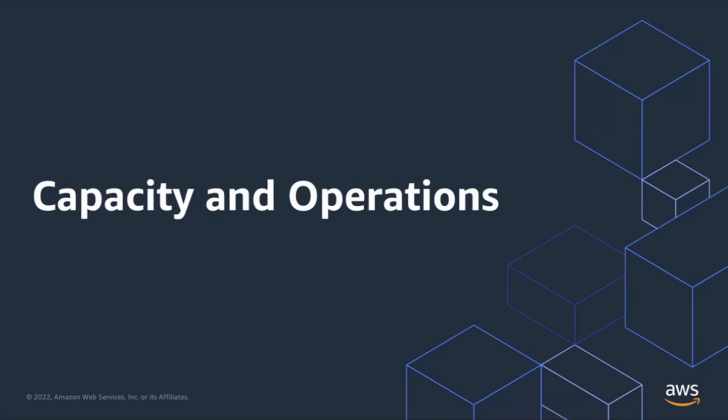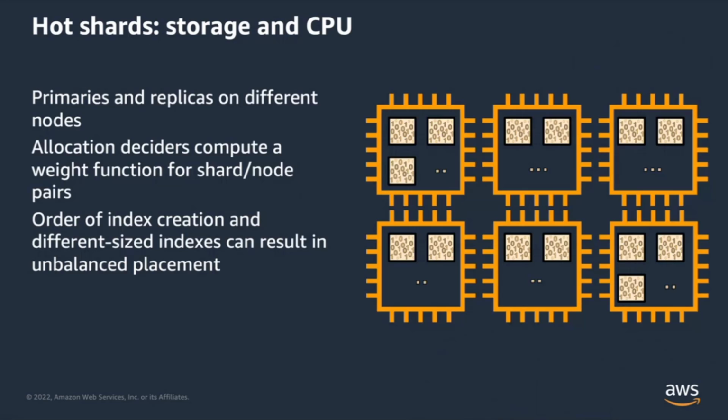So we'll talk a little bit about capacity and operationalizing the tenancy models. Again, as I brought out before, when you have different tenants at an index level, they have different usage patterns. And because of the way that OpenSearch distributes the shards across the nodes, you can have scenarios where storage is unbalanced because you have some portion of tenants on different instances.